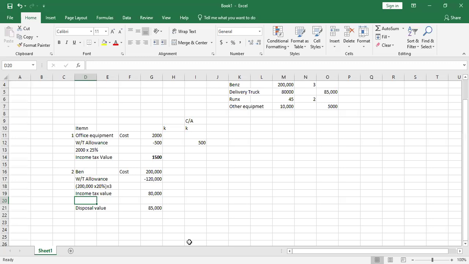If the income tax value exceeds the disposal value, it means we're going to have a balancing allowance. So in this case, we have a balancing charge. So 85 minus 80 gives us 5,000, is it?